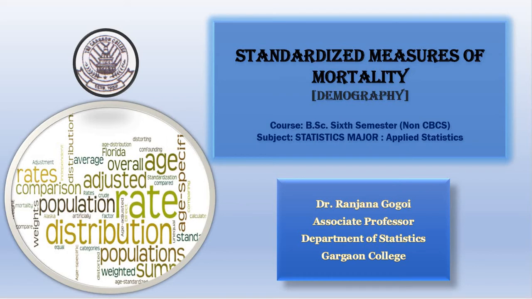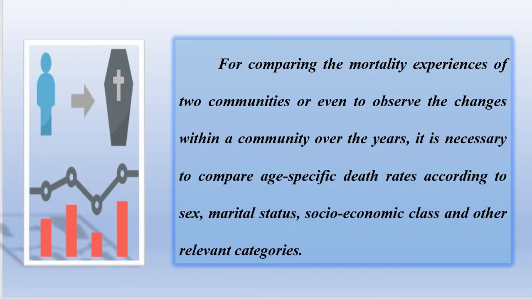In such a case, one will not be able to make a general statement of the form mortality is higher or lower in A than in B. So for comparing the mortality experiences of two communities, or even to observe the changes within a community over the years, it is necessary to compare specific death rates according to sex, marital status, socioeconomic class, and other relevant categories.